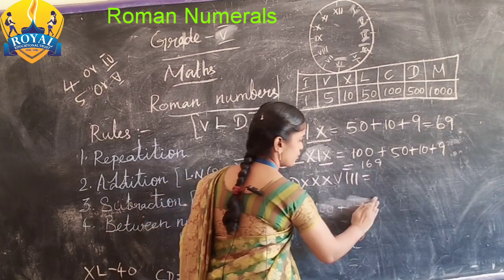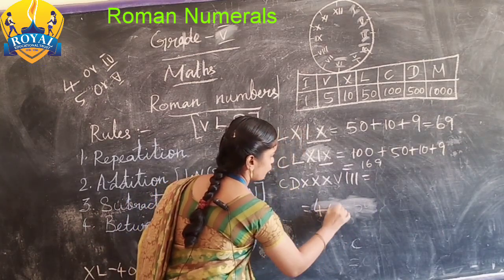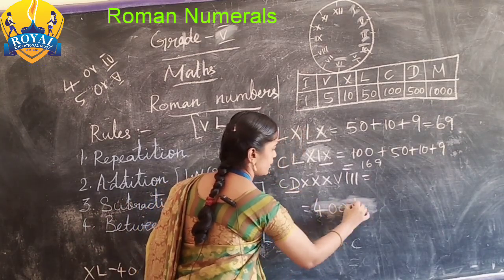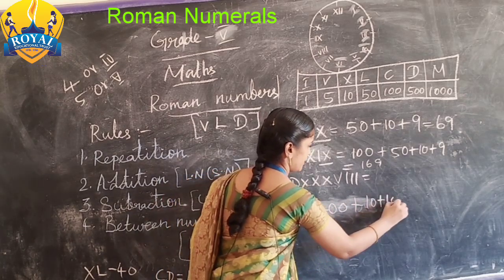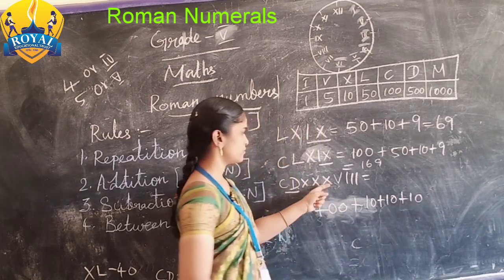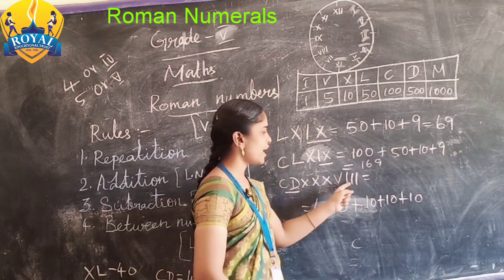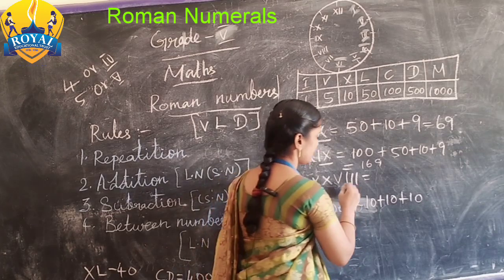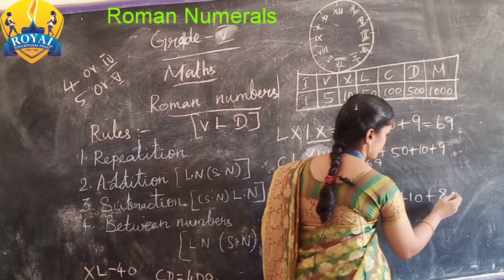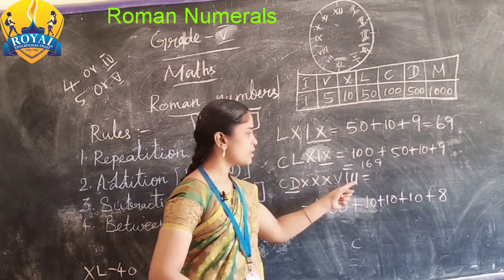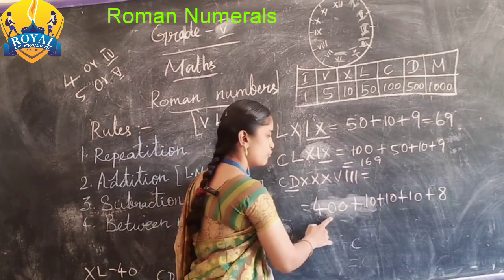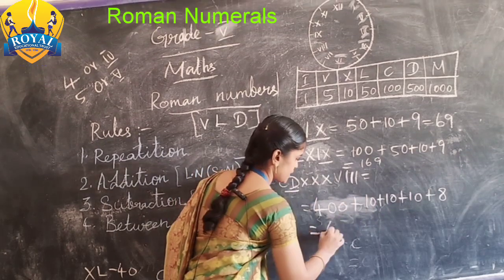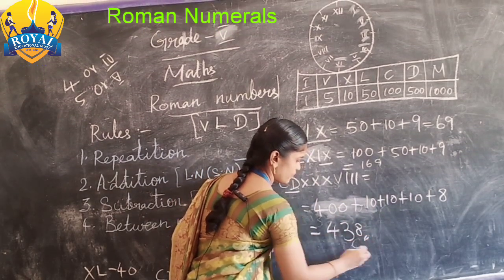That is 400 plus X, 10 and 10 and 10, 3 times. And VIII, we know that VIII is 8, that is 5 plus 1 plus 1 plus 1. Totally 438. Is it clear?